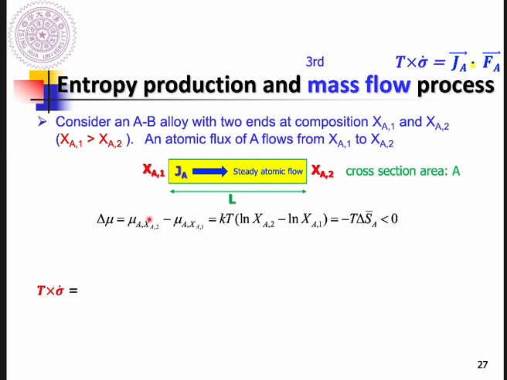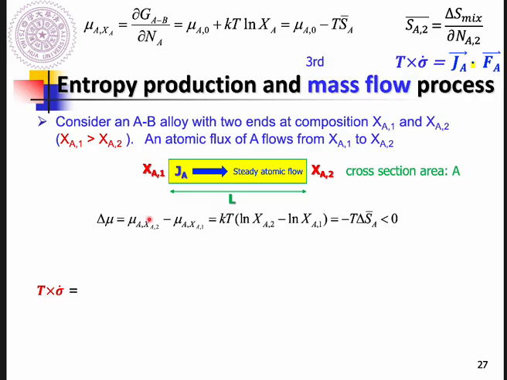As mentioned before, I just copy the results from the previous slide: mu A0 plus KT ln XA2, and mu A0 plus KT ln XA1. The mu A0 terms cancel, so what I have is KT ln XA2 minus KT ln XA1.